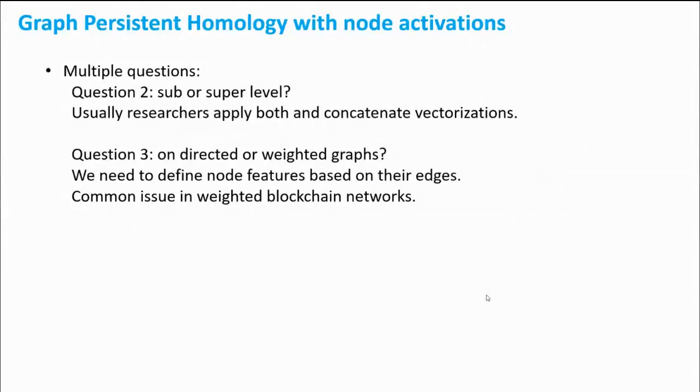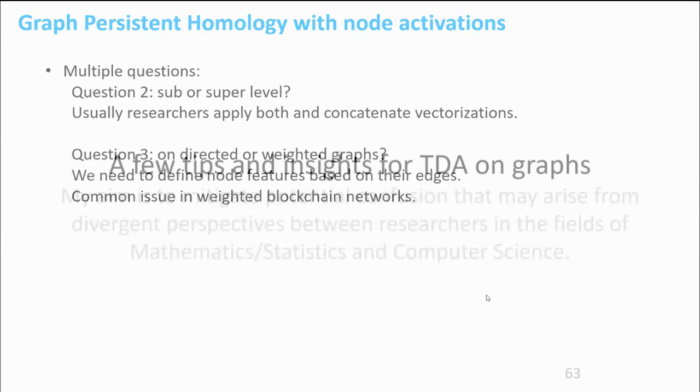Usually, researchers apply both of them and concatenate vectorizations. Question 3 is, how do we define these node activations on directed or weighted graphs? So we need to define node features based on their edges if the network is directed or weighted without node features. This is a common issue in weighted blockchain networks where we apply persistent homology.